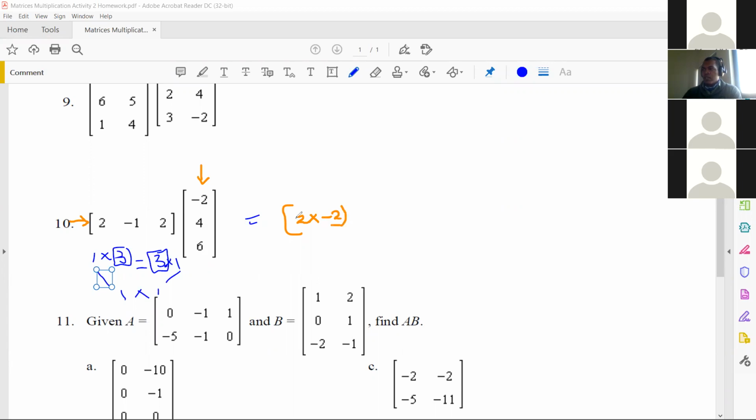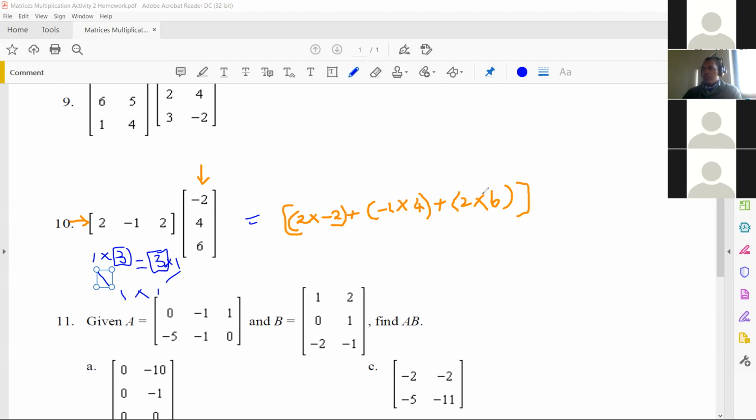And then we will add it with the next element: the -1 in my row, multiplied by the next element in the column, which is my 4, plus, the next element in my row is a 2, which will multiply the next element in the column, which is the 6. And that is what we have, and this will close the matrix.